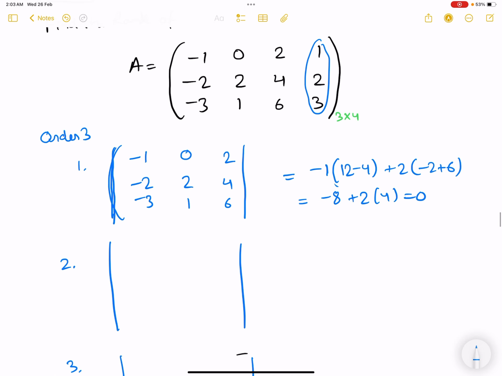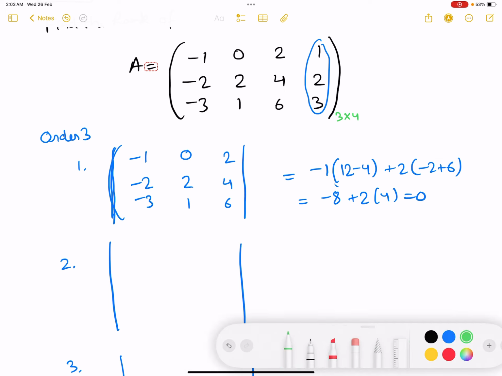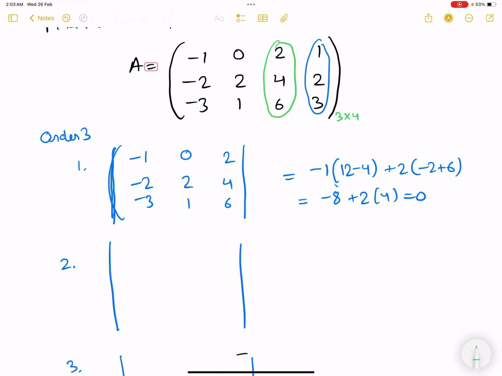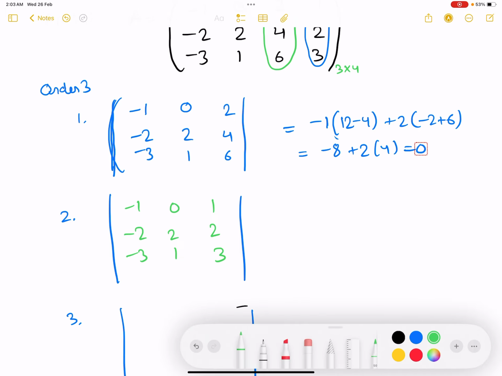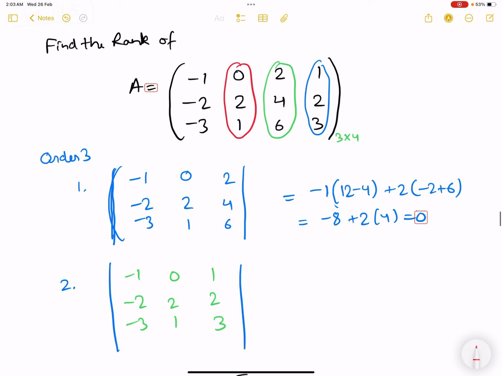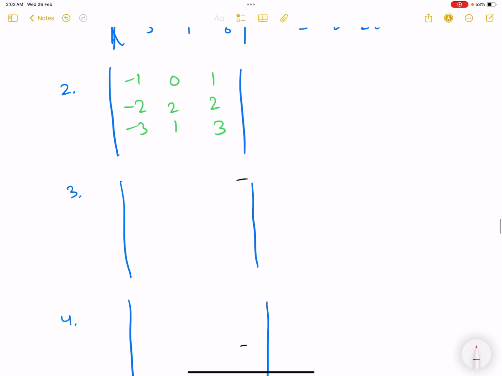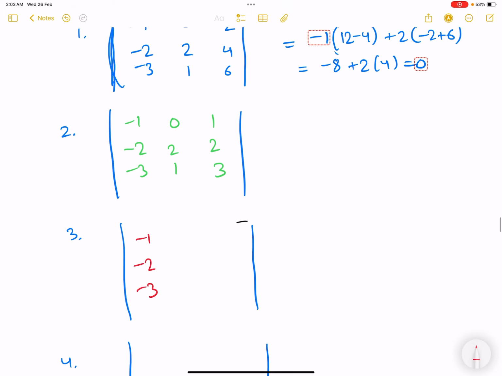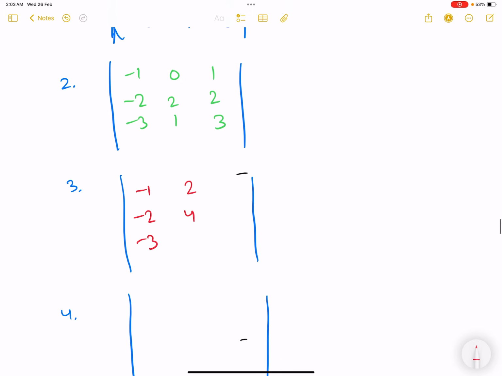Now in the second minor, we will remove this column and then write -1 -2 -3, 0 2 1, 1 2 3. In the third minor, we will remove this, and the other elements would be the same: -1 -2 -3, then 2 4 6, 1 2 3.